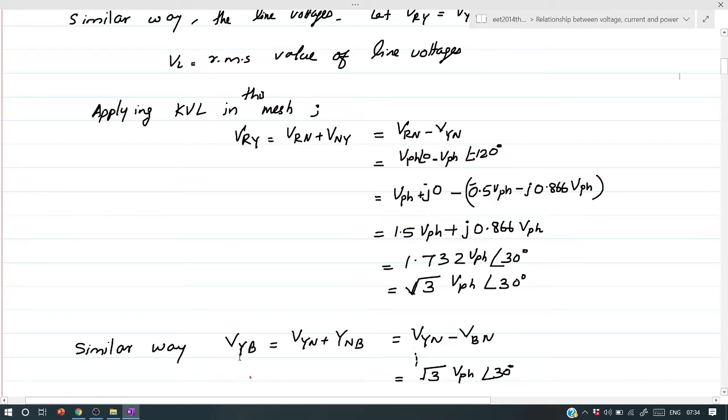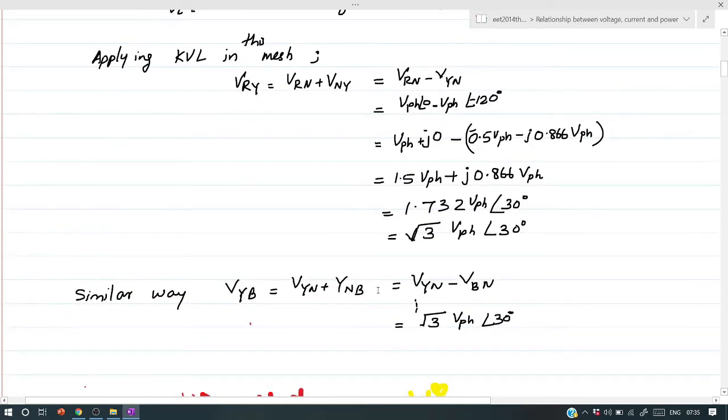What is the phase voltage corresponding to this one? VYN. So VYB leads VYN by 30 degrees. A similar case is there when we consider VBR. The VBR line voltage leads the corresponding phase voltage. What is the corresponding phase voltage?